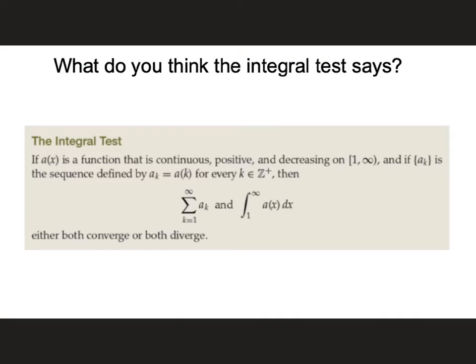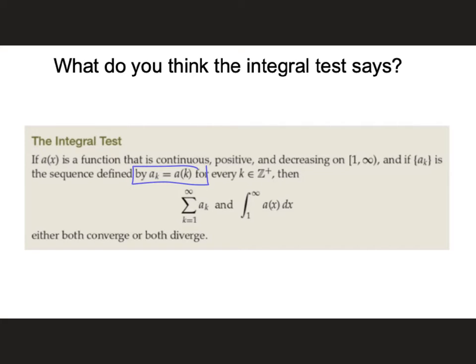Ooh, the integral test. All right. So the integral test says, if we have a function that's continuous, positive, and decreasing, and we can write it so that it looks the same as a series, then the series and the integral either both converge or both diverge.